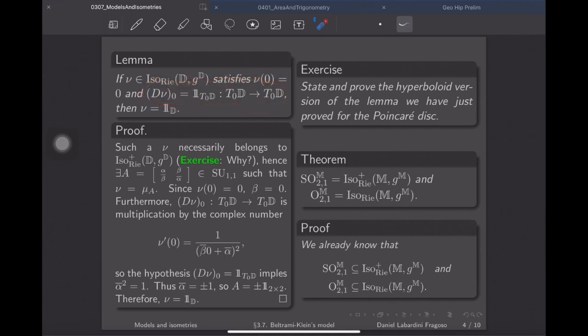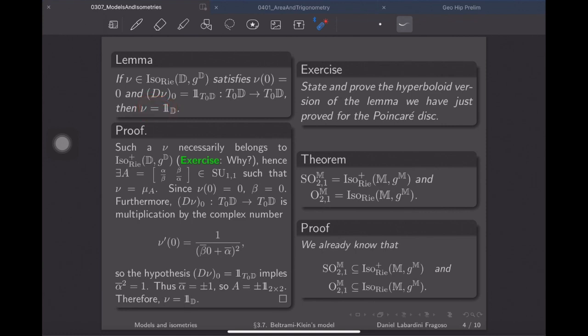Okay, so just from knowing this infinitesimal behavior at one point, so 0 goes to 0, and at the level of derivative, it behaves as the identity, just from knowing this, you can deduce the behavior on the whole disk, right? So I would say this is a bit surprising.